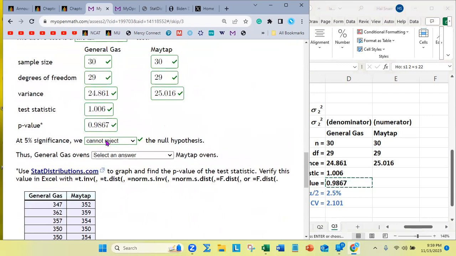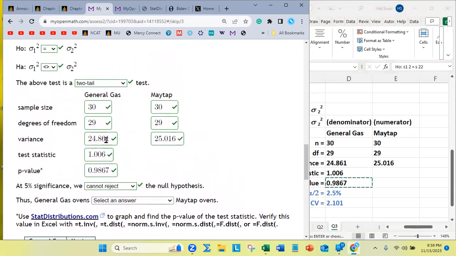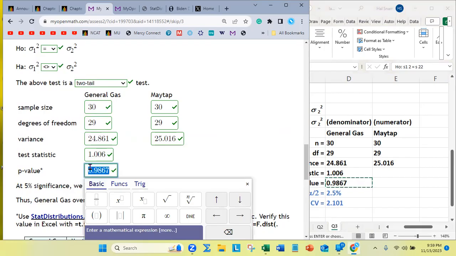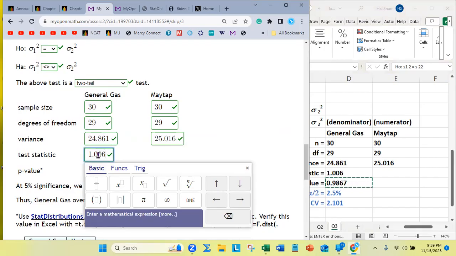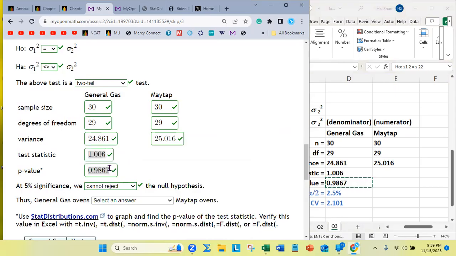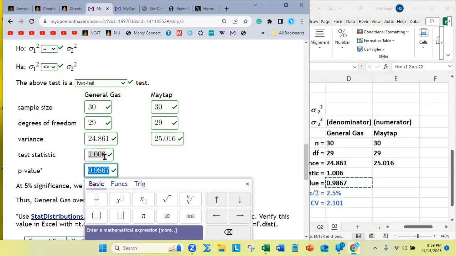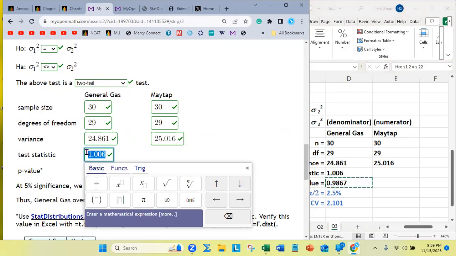Oh, we already did that, right? Cannot reject the null. The test statistic has a p-value that's 0.967. The bigger the p-value we have, the closer the test statistic is to 1, right? It's closer to 1, which means the difference between these two is really close to 0.